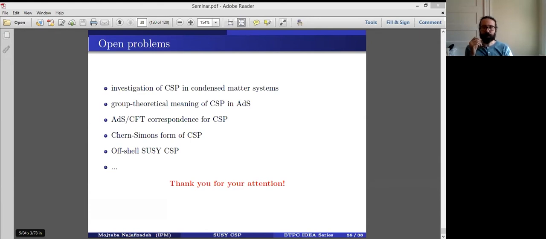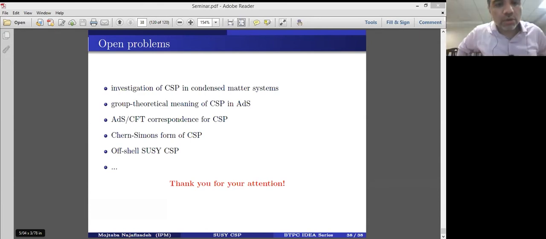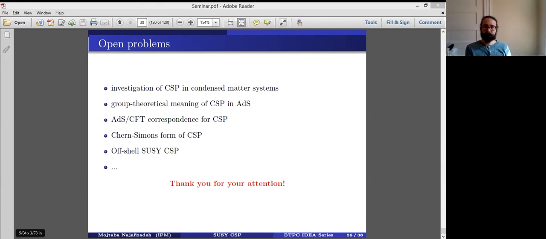Well, there is no Vasiliev action. Indeed, the Vasiliev equation is a nonlinear equation. But here in the CSP case, this is linear, in both cases, in AdS and in flat space.